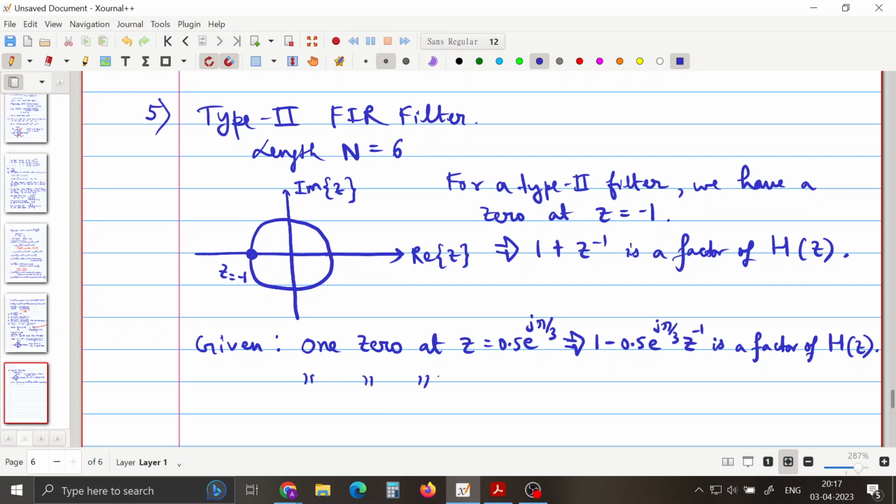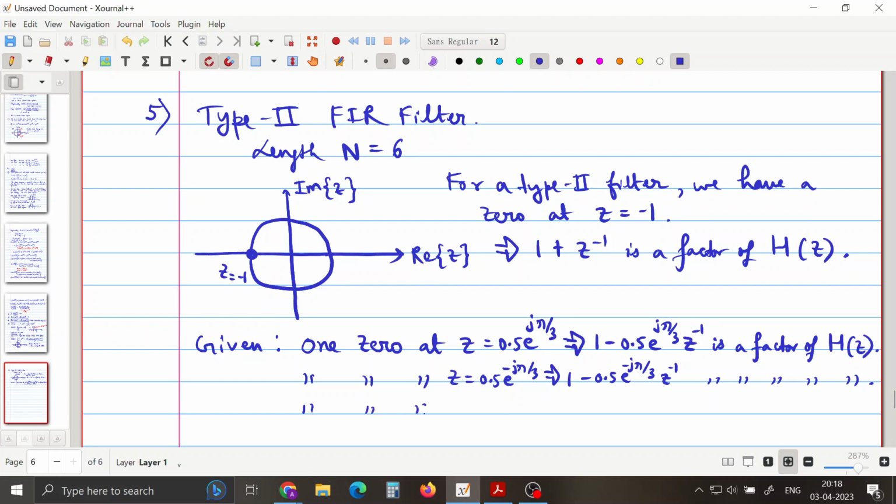So another zero would be z0 star, so it would be 0.5 e power minus j pi by 3. This would imply that 1 minus 0.5 e power minus j pi by 3 times z inverse is again a factor of H of z.